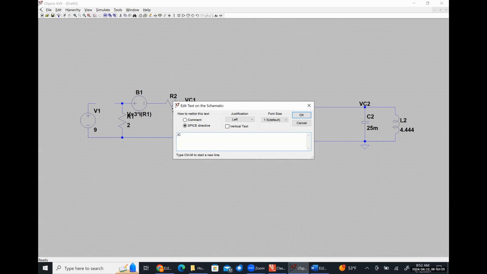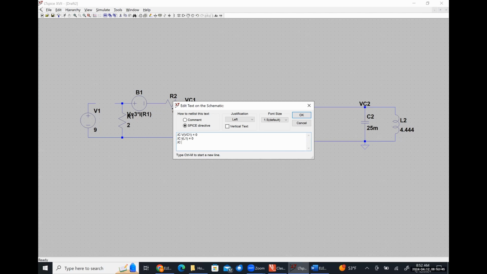The initial condition for voltage VC1 was 0 volts. The initial condition for current IL1 was 0 amps, if memory serves me correctly.